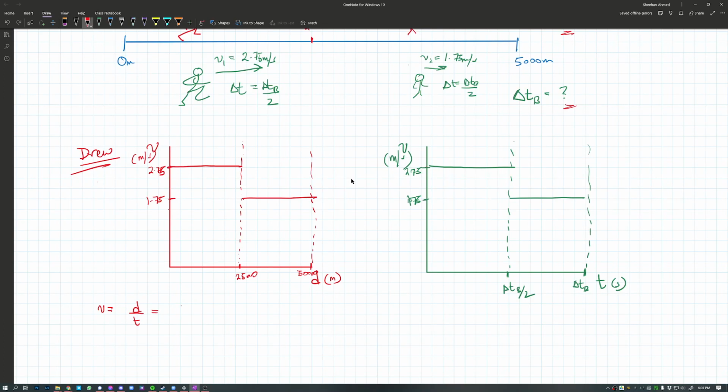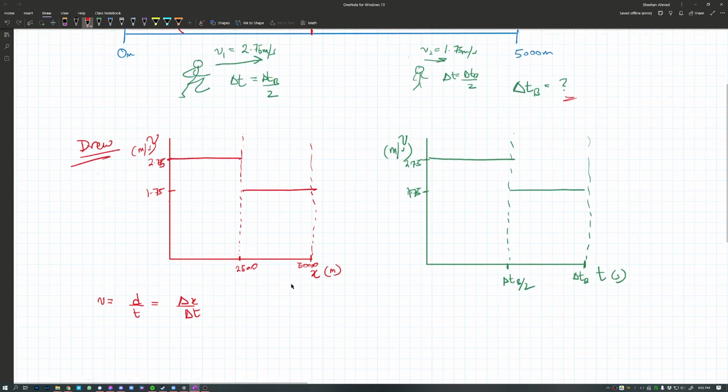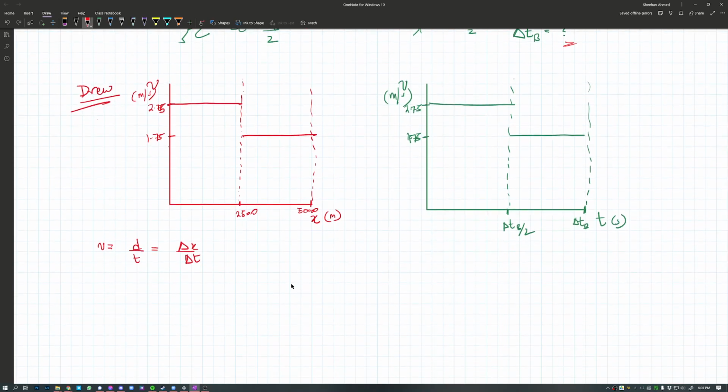Another way to write it is delta x over delta t. You know what, since I'm using x, why not actually make this as x? That way I'm consistent. Delta x looks nicer to me than distance. Okay, that's our equation.